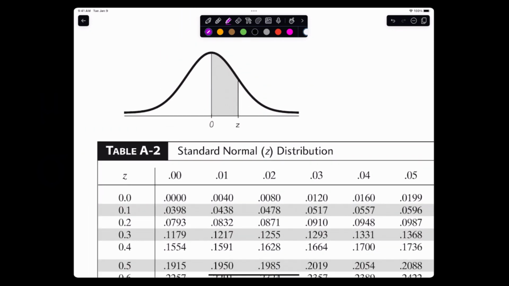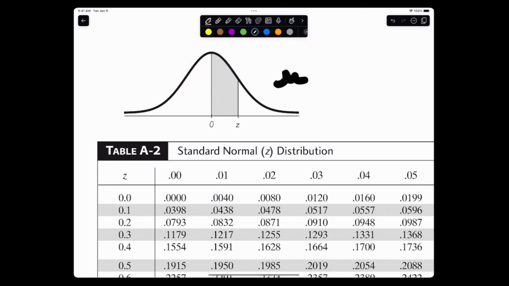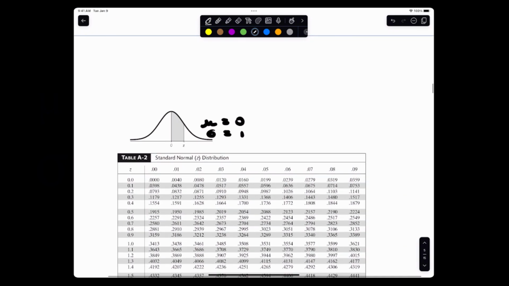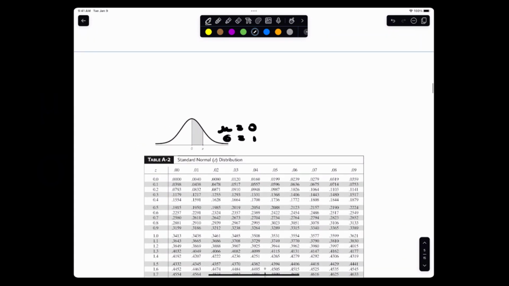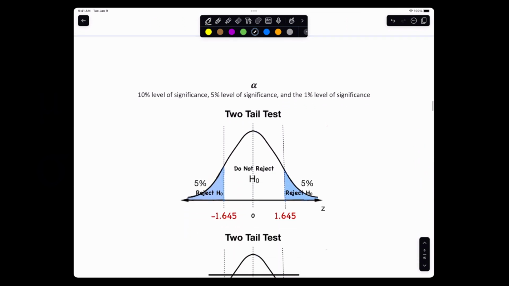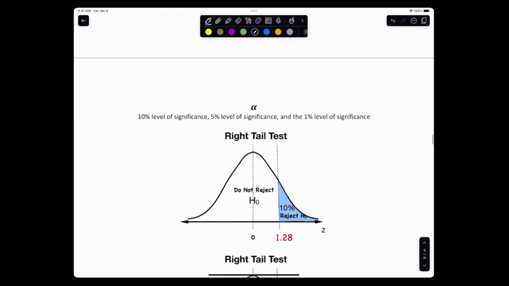The standard normal is a normal distribution where the mean is 0 and the standard deviation is 1. It's called the z distribution. Alpha, two-tailed test. We're going to go through all of these details.